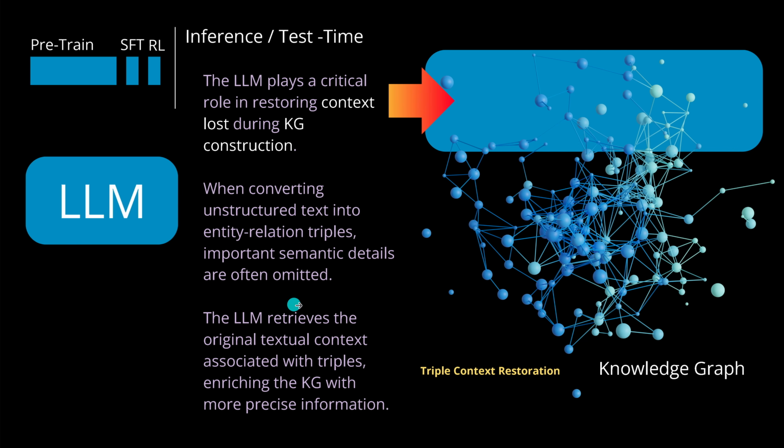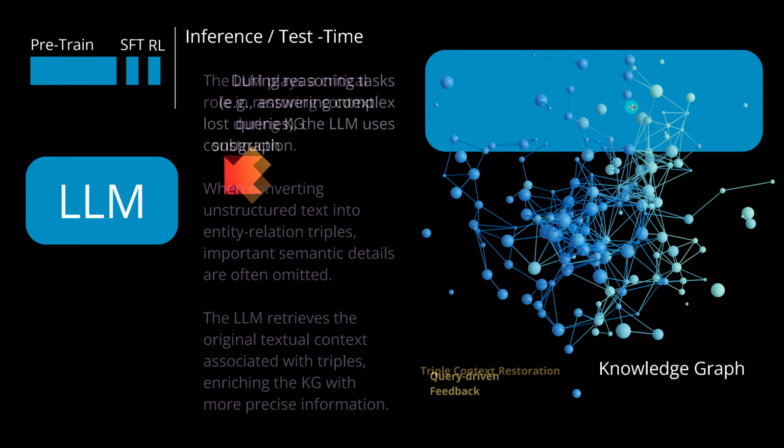And the LLM now retrieves the original textual context associated with those particular triples that were selected given my query to the LLM, thereby enriching the knowledge graph with more precise information. This is a methodology we call triple context restoration on the knowledge graph.